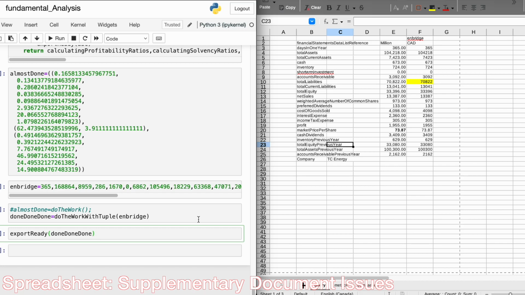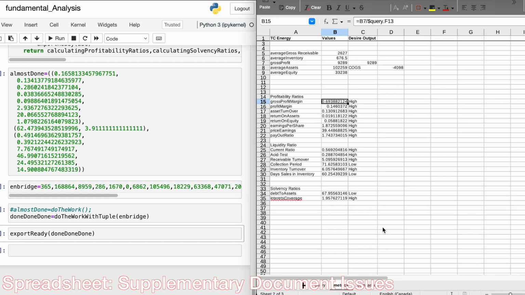The metrics that they have, some of them are very close, but they're not the same. And at the same time, some of them are way off. So I'm not really sure what I'm doing wrong. So if you do know what I'm doing wrong, for example, for this company, let me know. And I will try to improve in the future and fix that also with the next project.